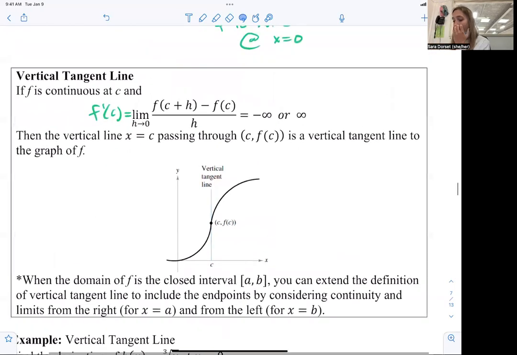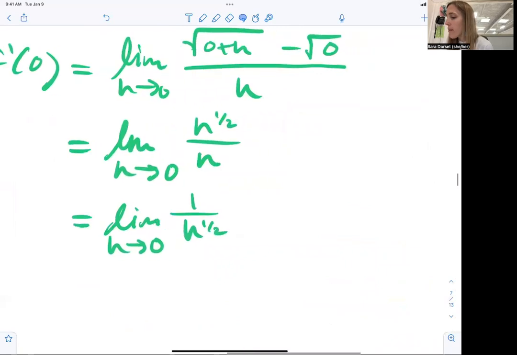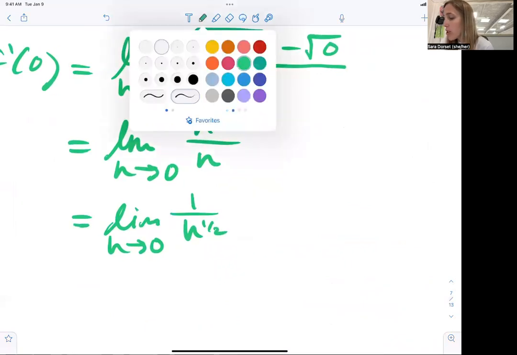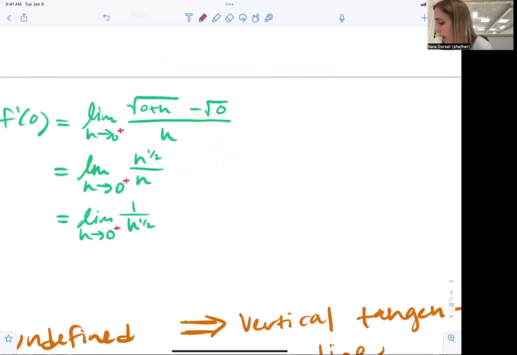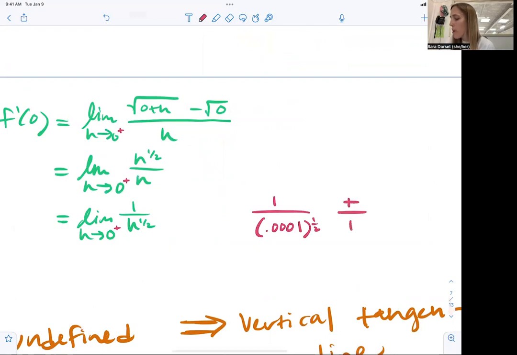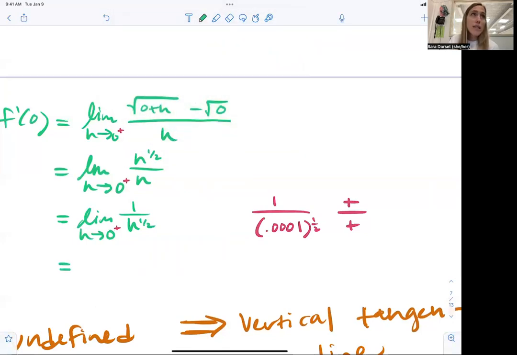Because we have this square root, we're just going to think about taking the limit from the right. If we pick a test value directly to the right of 0, like 0.0001, and raise it to the 1/2, we get a positive over a positive value, which means this limit fails to exist, but it fails to exist because it is approaching positive infinity.